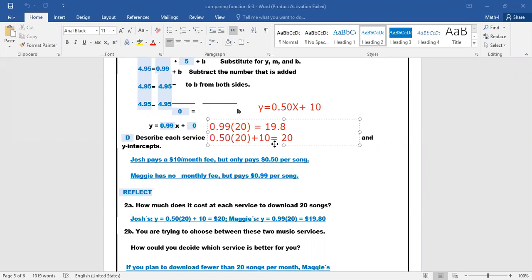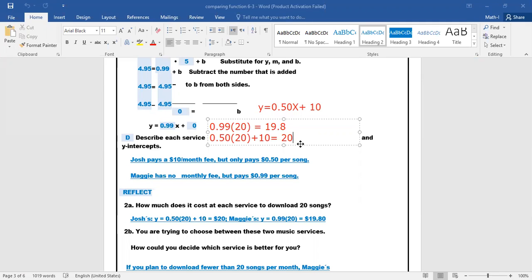You are trying to choose between these two music services. How could you decide which service is better for you? Josh's is bigger, at 20.